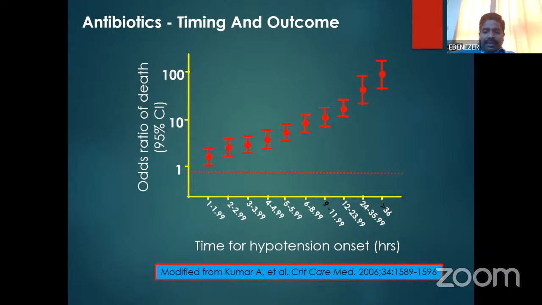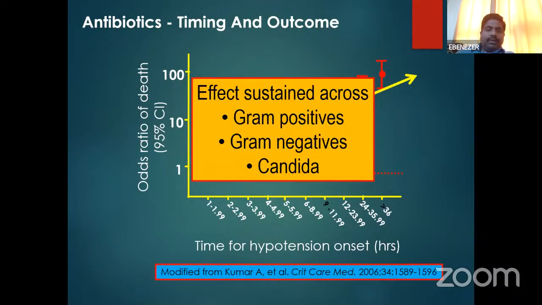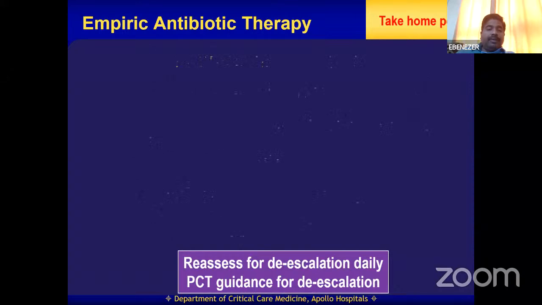The more you allow the patient to be hypotensive and the patient is not on an antibiotic, automatically the mortality also will shoot up. This effect is sustained across gram positive, gram negative, and Candida. Across all organisms, the earlier you start an antibiotic and antifungal, that will give you the best possible result.